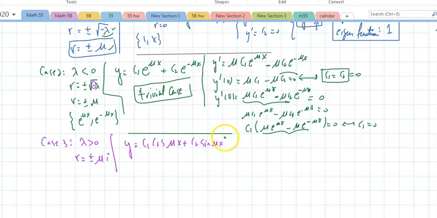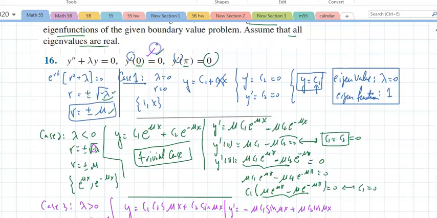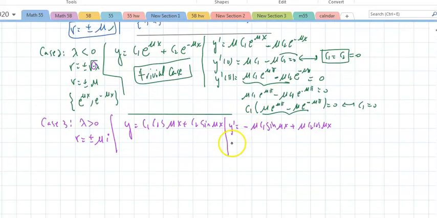And now the same deal. If I take y prime, that's going to be negative mu c sub 1 the sine of mu x plus mu c sub 2 the cosine of mu x. And if I go back and use the first case, y prime of 0 is going to simply be mu times c sub 2, and that equals 0.